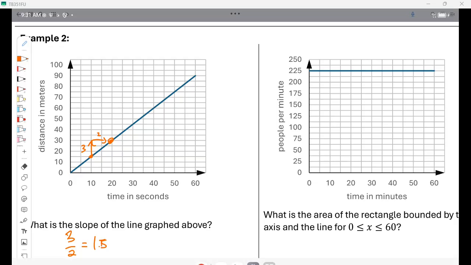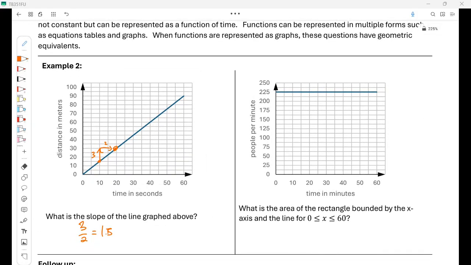And then on the right-hand side, same information. People are getting on the escalator at a constant rate of 225 people per minute. What is the area? A little bit of a weirder question. What's the area of the rectangle bounded by the x-axis, that line that's graphed, and in between 0 and 60? Now, I'm not asking you to find the area by counting up those little squares. I want you to use the numbers.